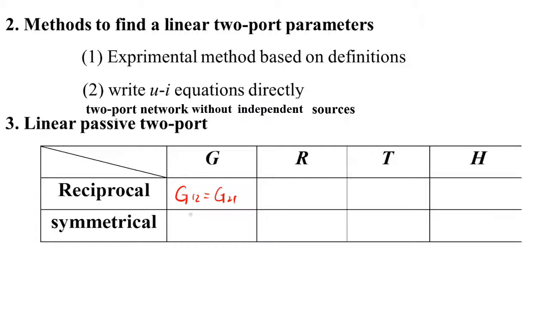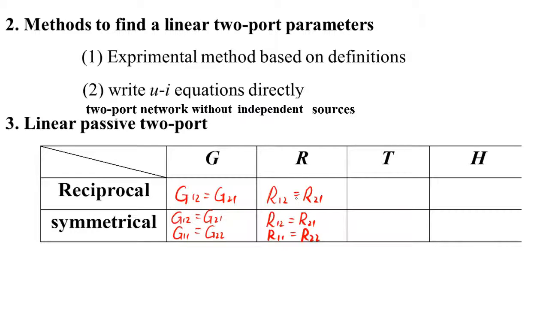For the symmetrical two-port, besides G12 equals G21, G11 equals G22. The conditions of the R parameters are similar to those of the G parameters. For the reciprocal two-port, R12 equals R21. For the symmetrical two-port, besides R12 equals R21, R11 equals R22.